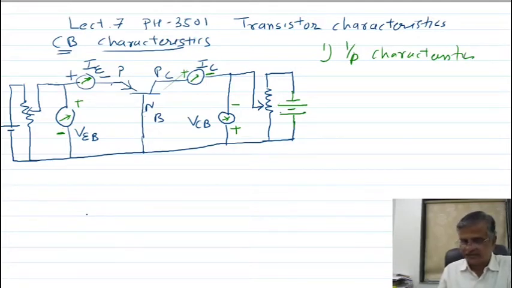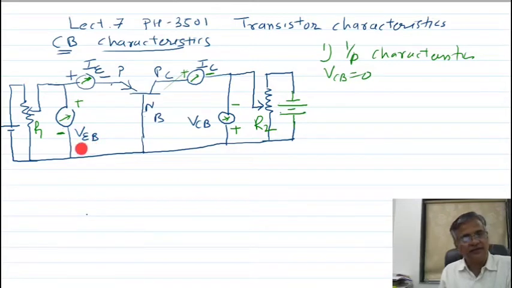With the help of potentiometer R2, keep VCB at 0 or any desired value. So keep VCB 0. Vary the value of emitter base voltage in suitable steps and note down the corresponding value of emitter current.